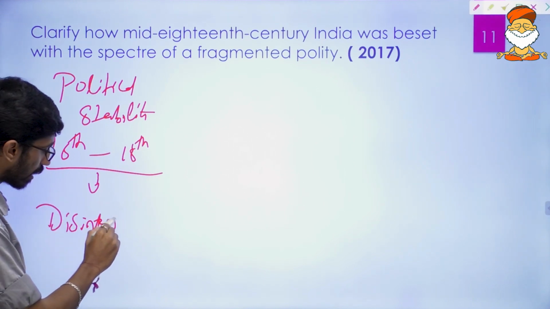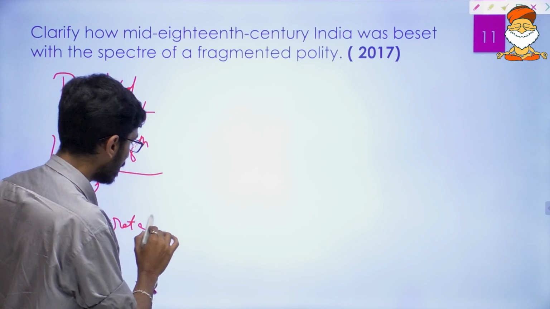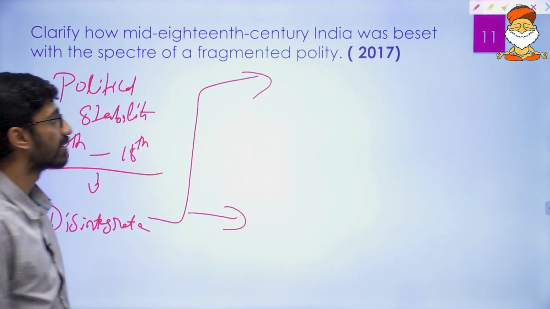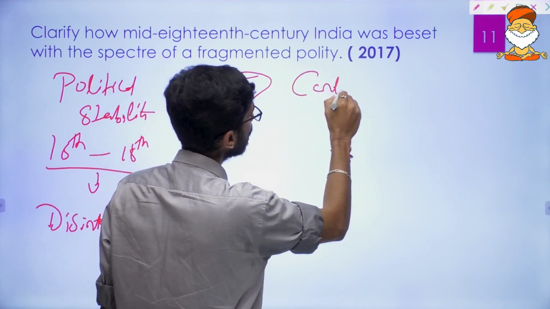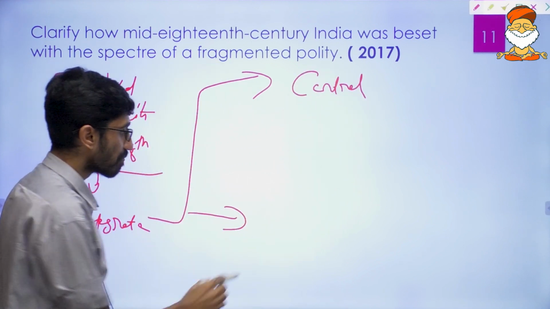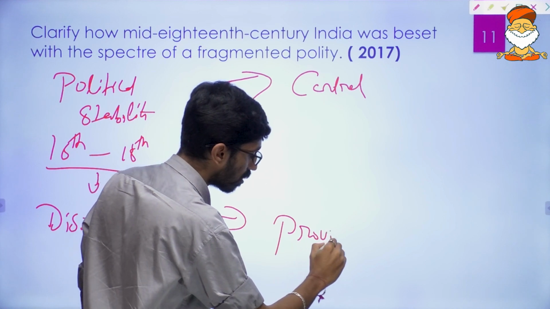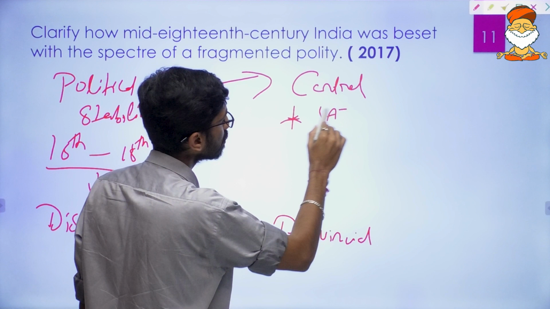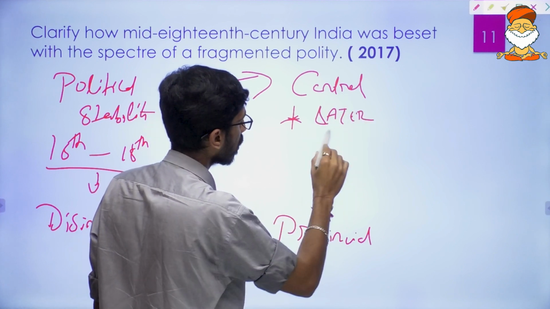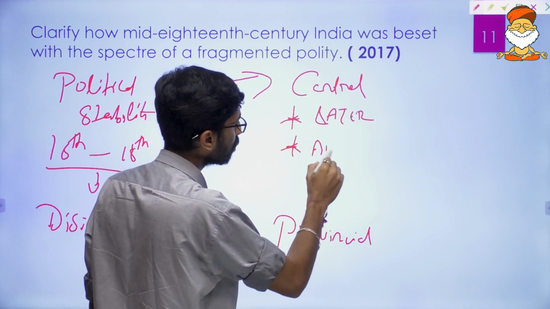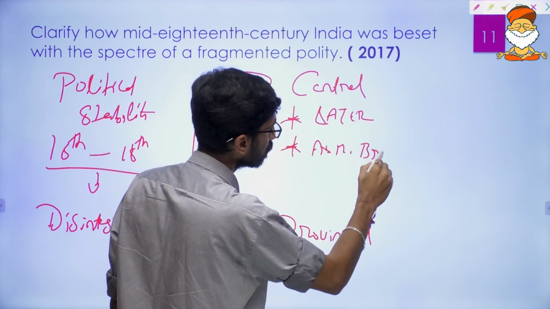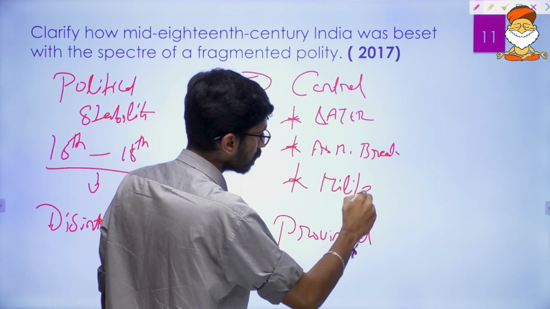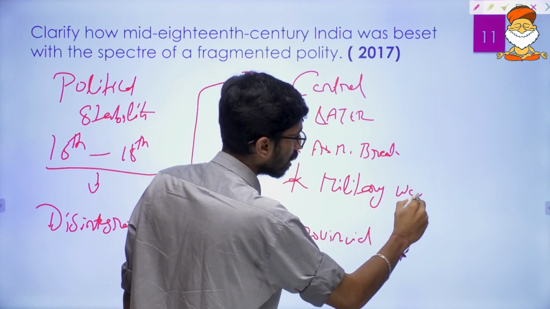This disintegration could be understood at two levels of the political system: the central level of the political system in India in the 18th century, as well as the provincial level. At the central level, we already discussed the later Mughals, at the same time administrative breakdown, then again military weakening.